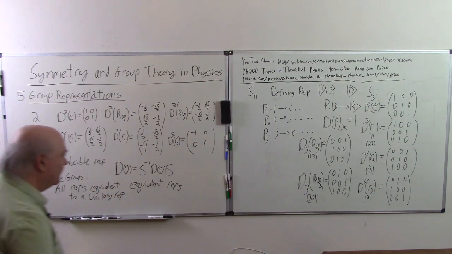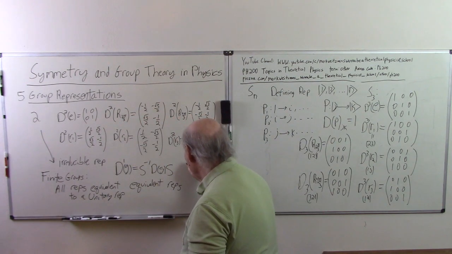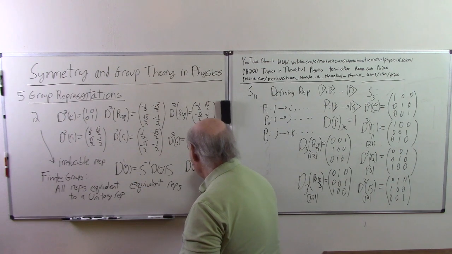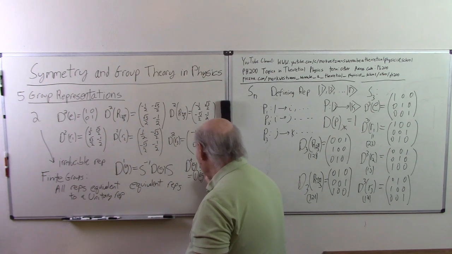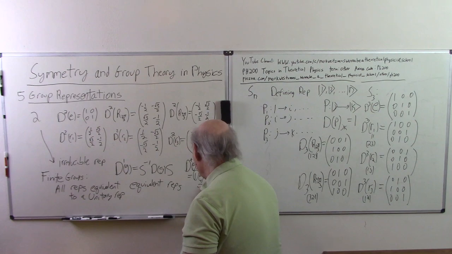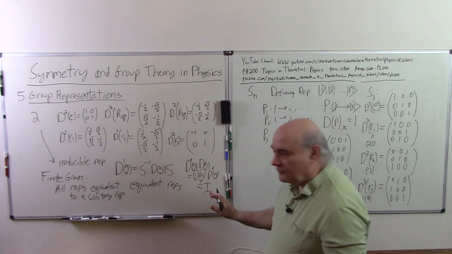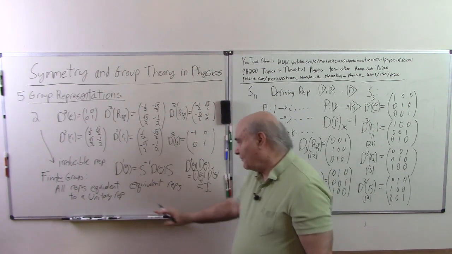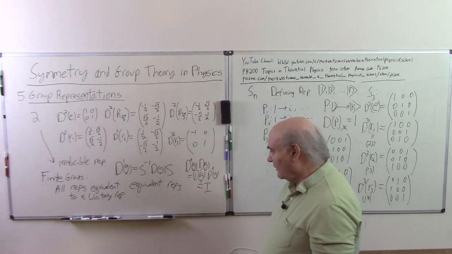This is very important because from now on I'm always going to assume that D dagger of G times D(G) equals D(G) times D dagger of G equals the identity. There are representations which aren't unitary, but they're equivalent to unitary reps. So we're always going to assume we're working with the unitary representation.